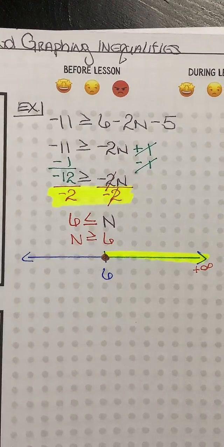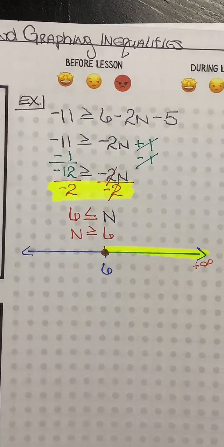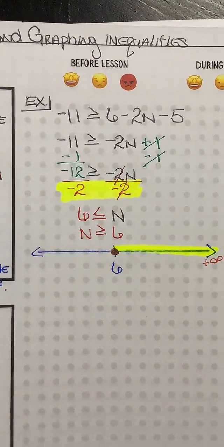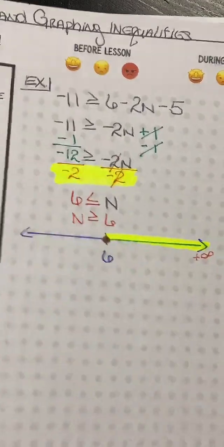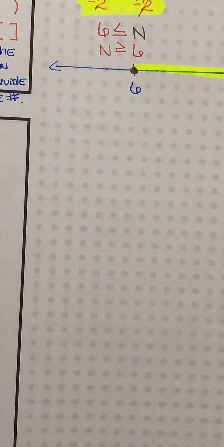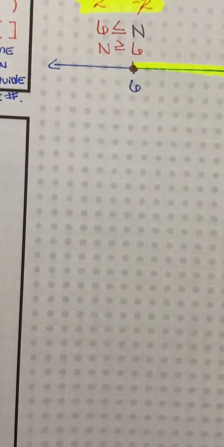Now, we're going to do another one. Let's step it up a notch. All right, when I say a notch, I really mean I'm going to step it up. So here we go.